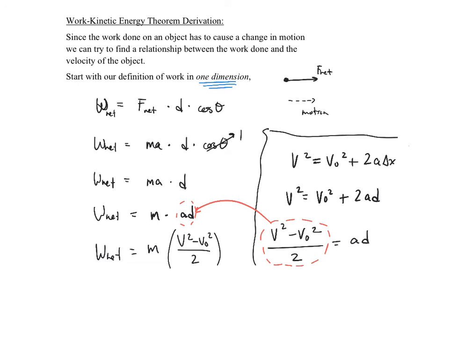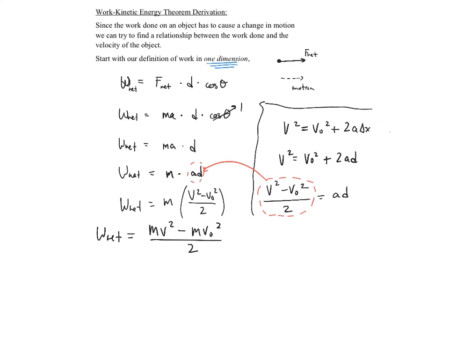So I could rewrite this as W net equals mv squared minus mv naught squared all over 2, which is really the same thing as saying W net equals 1/2 mv squared minus 1/2 mv naught squared.